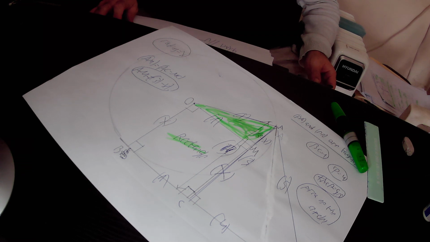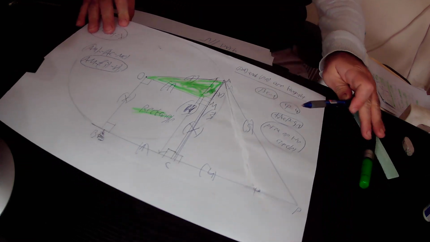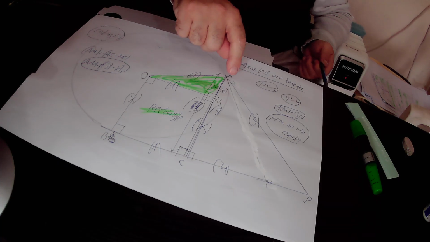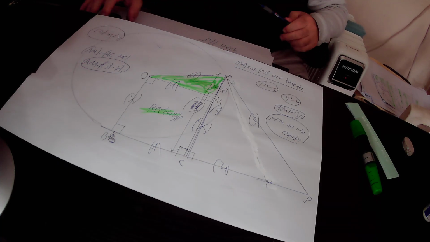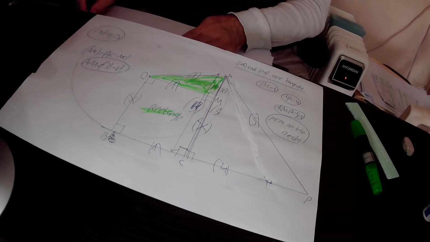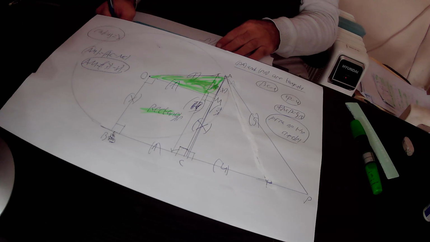But again, repeat again. In the next step, we will implement the Pythagoras theorem on this right triangle OAM. Here PT is the abbreviation for Pythagoras theorem.